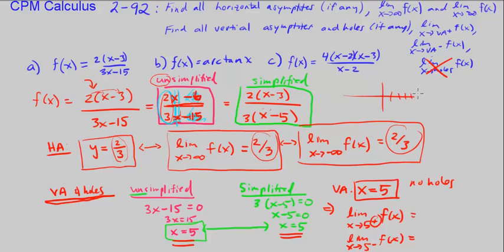So on our number line, we have 1, 2, 3, 4, 5, 6, 7. So we're looking at x approaching 5 from the right.